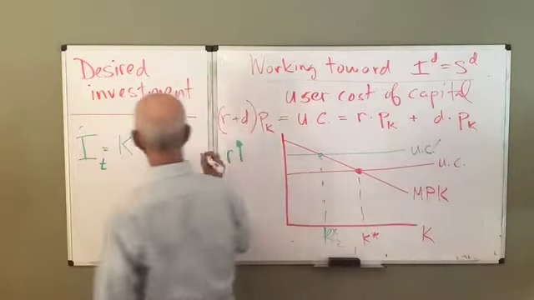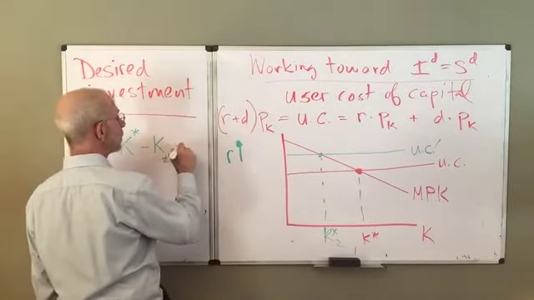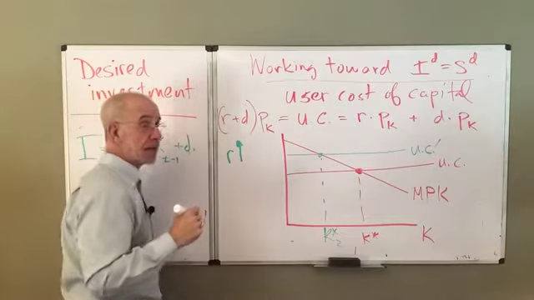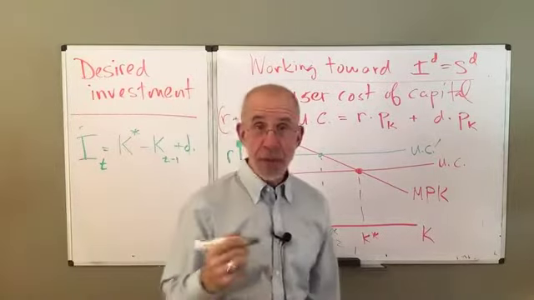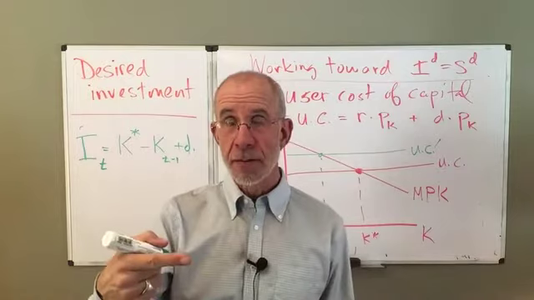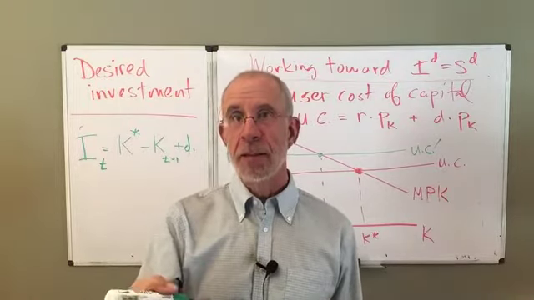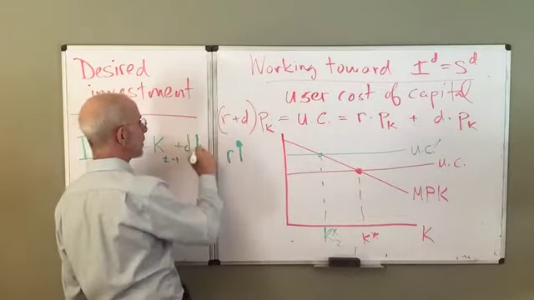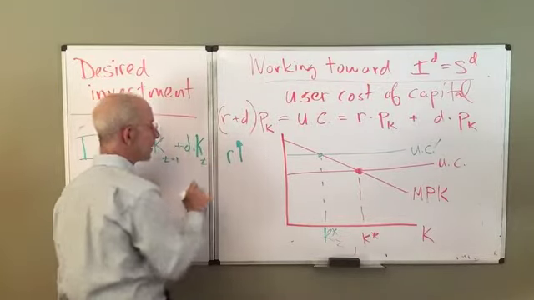Now, you also may have to invest to simply replace the capital stock that's depreciating. So that's going to be the depreciation rate multiplied times K_t.